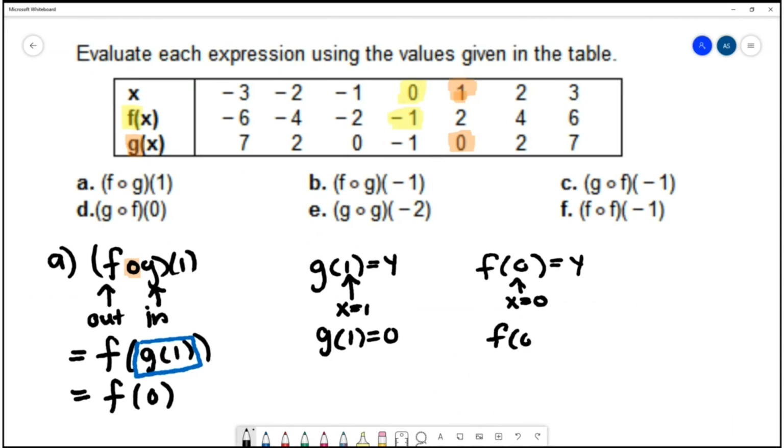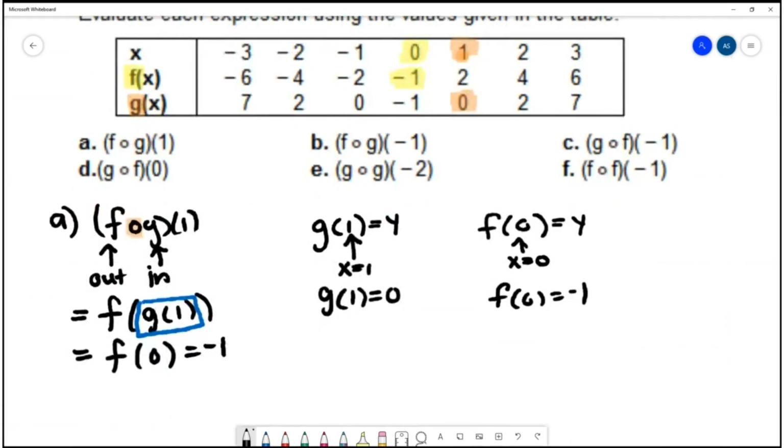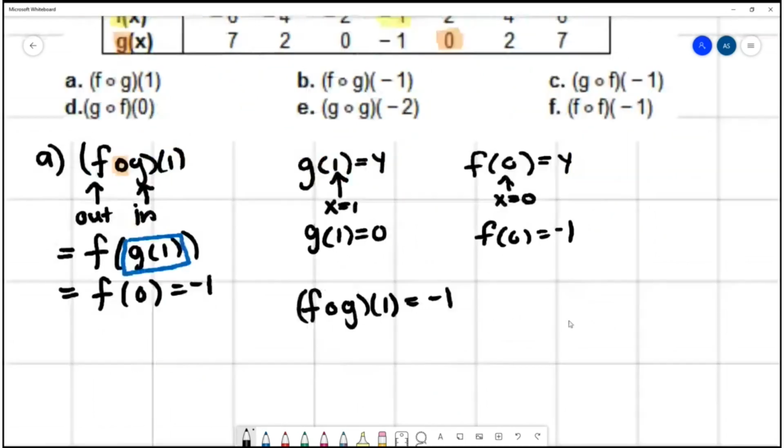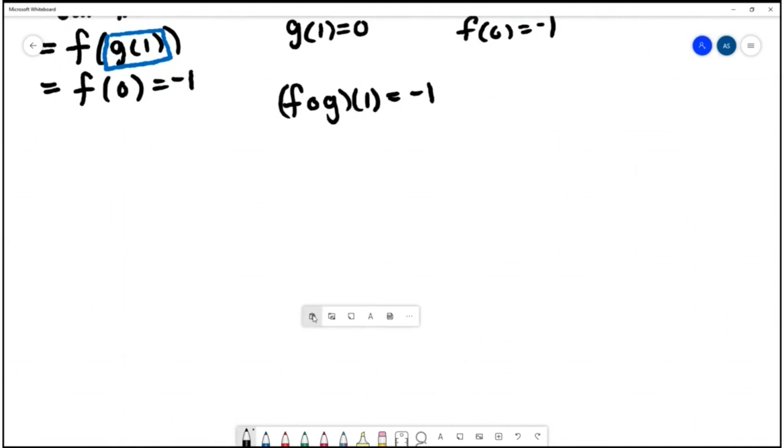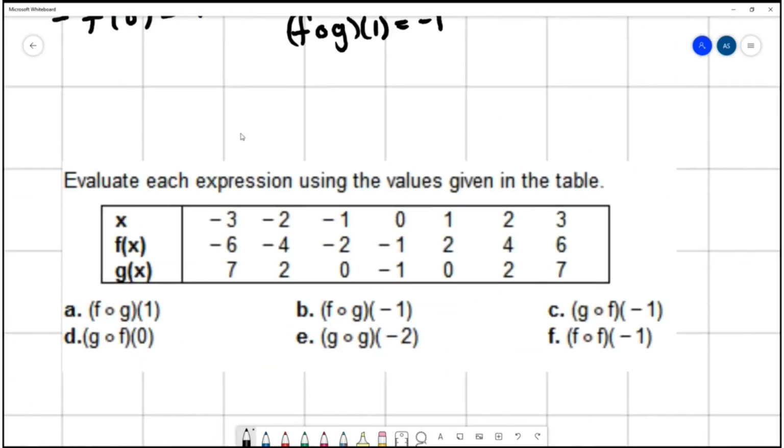So f of 0 is -1. And we have our evaluation. f composed with g of 1 is equal to -1. Here we have a few more to do. So let's take a look.